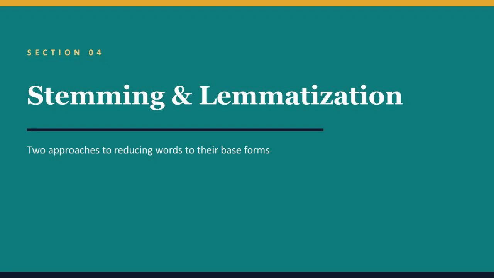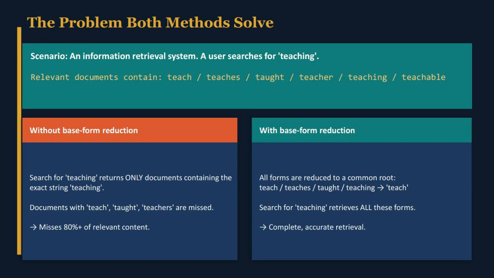Now let's come to another interesting part of this lecture: stemming and lemmatization. It simply means reducing words to their base form or their roots. Both deal with the variation of word forms, but they solve it in different ways, with different levels of linguistic accuracy. If you are building an information retrieval system and a user searches for teaching, your system needs to return documents that contain teach, teaches, taught, teacher, and teaching, because all of these are relevant.